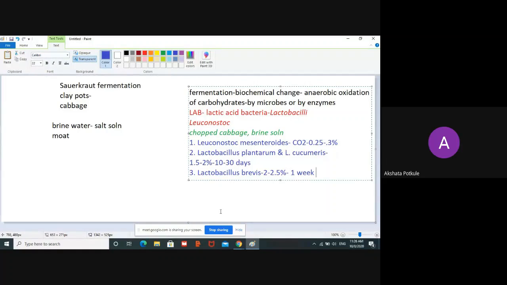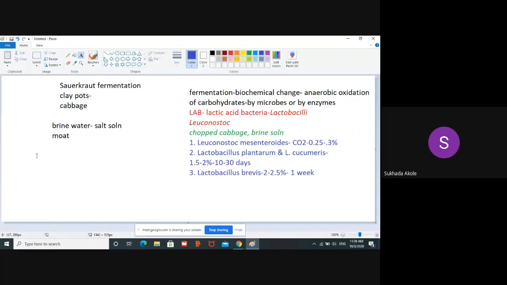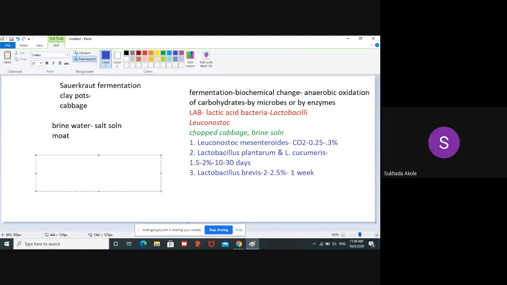Oh, okay. Now there are lots of benefits for this fermentation. ये क्यों करना है? So what are the benefits of this fermentation? So one of the major benefits is the increase in shelf life.